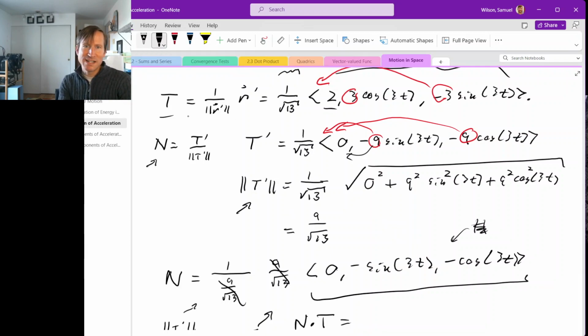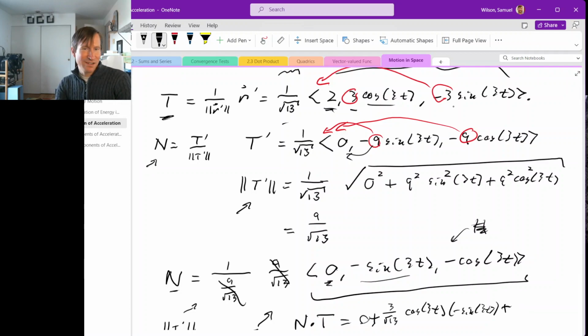If we dot t with n down here, we get 2 times 0, so that's 0, plus 3 over root 13 times cosine 3t times minus sine 3t, plus, and then in my z coordinate I get minus 3 over root 13 times sine 3t minus cosine 3t.